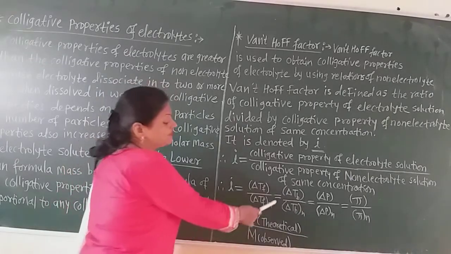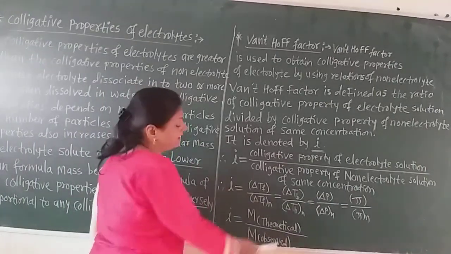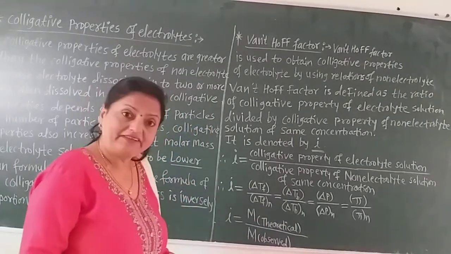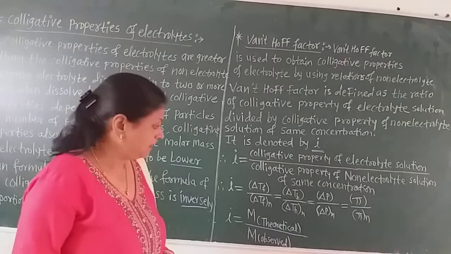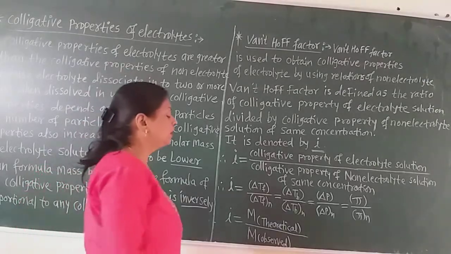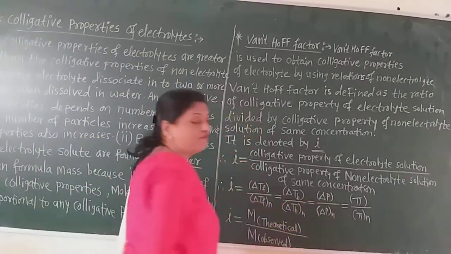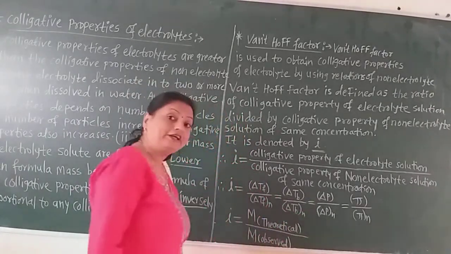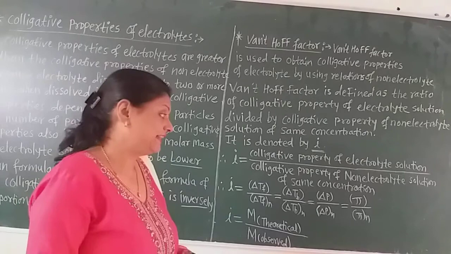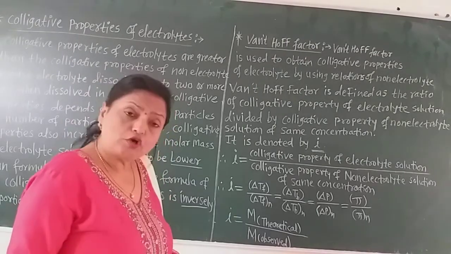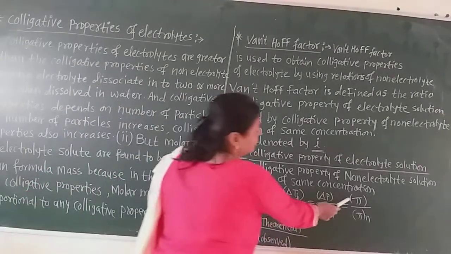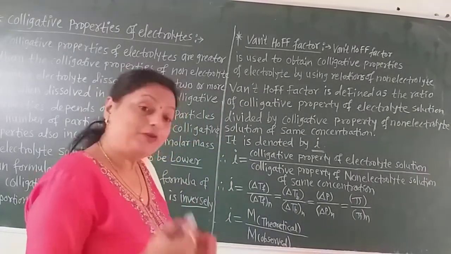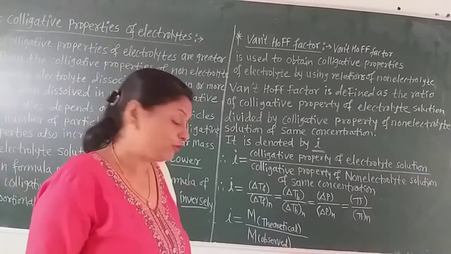Similarly, elevation in boiling point of electrolyte divided by elevation in boiling point of non-electrolyte, that is delta Tb divided by delta Tb n. Then lowering of vapor pressure of electrolyte divided by lowering of vapor pressure of non-electrolyte, delta P divided by delta P n, and osmotic pressure of the electrolyte divided by osmotic pressure of non-electrolyte, pi divided by pi n. In this way we can calculate the Van 't Hoff factor.